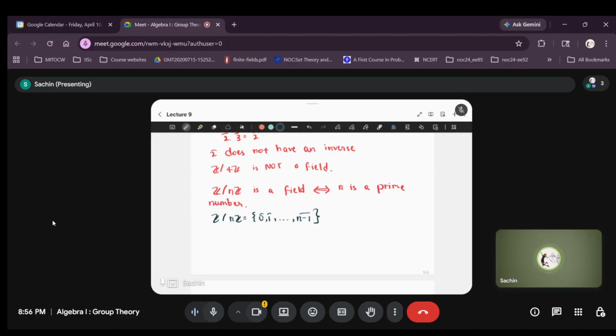If n is composite, it is not a field. And if n is prime, it is a field.